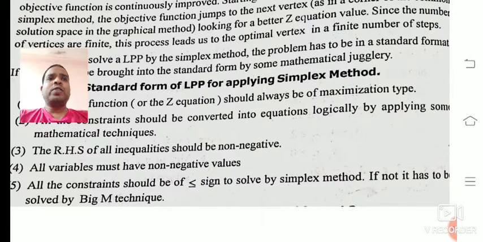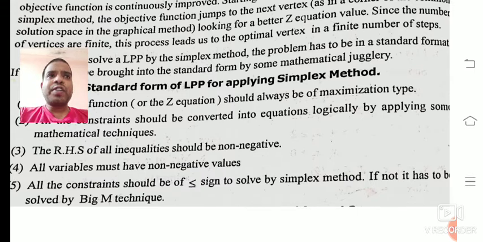Whenever we use the less than or equal to sign in the constraints, for those only we can use the simplex method. Suppose you have the sign greater than or equal to, then you can't use this method. We can solve it by the big M technique.